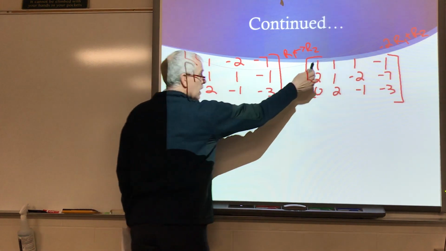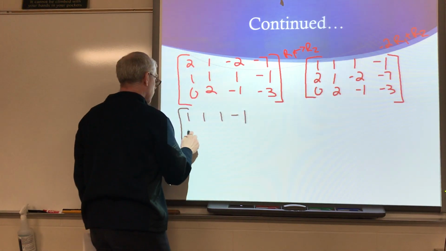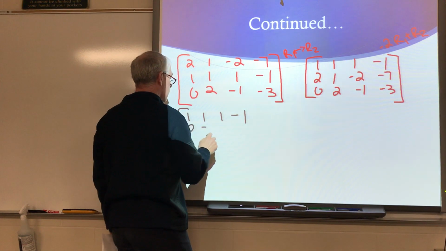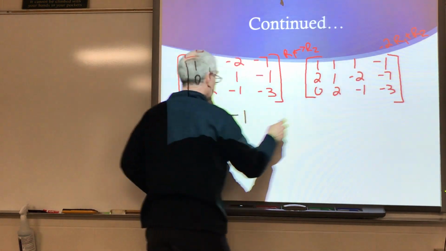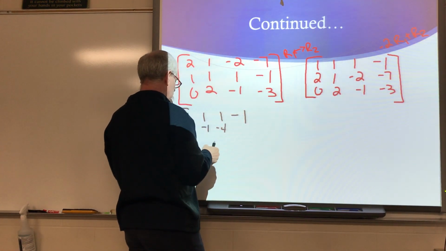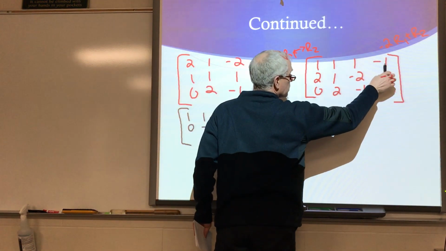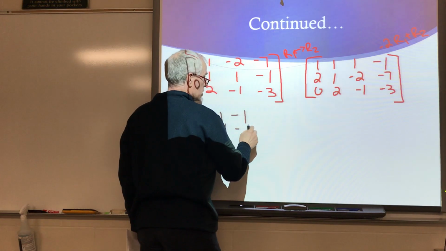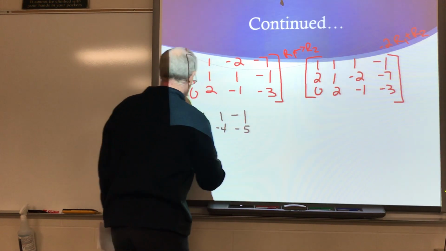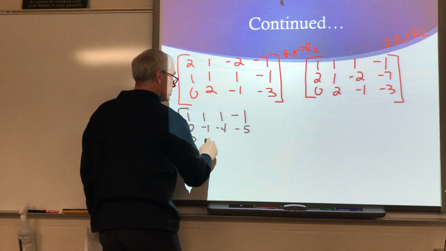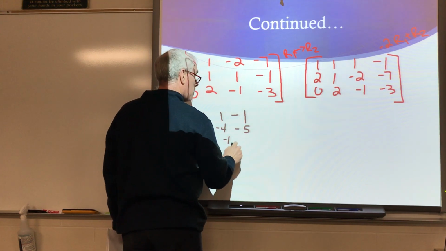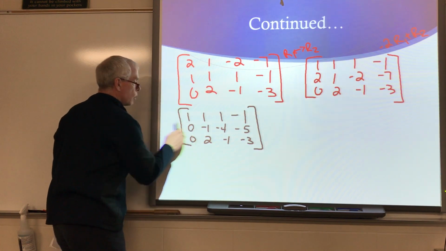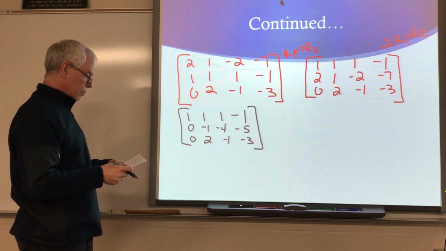And then the second row, -2 plus 2, that's a 0. -2 plus 1, that's a -1. -2 plus -2, that's a -4. And -2 times -1 is 2, plus -7 is -5. And then I'm going to leave that third row alone. Okay, so I've got zeros below that first diagonal, which is what I was shooting for.